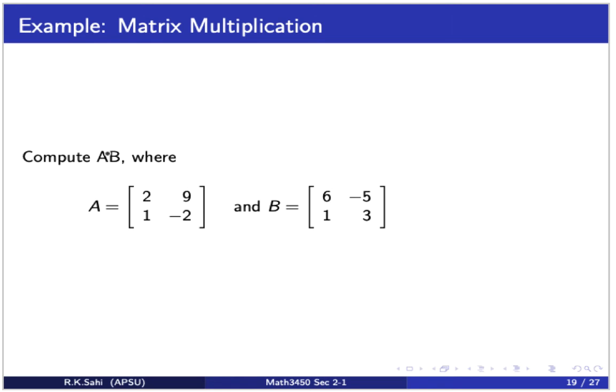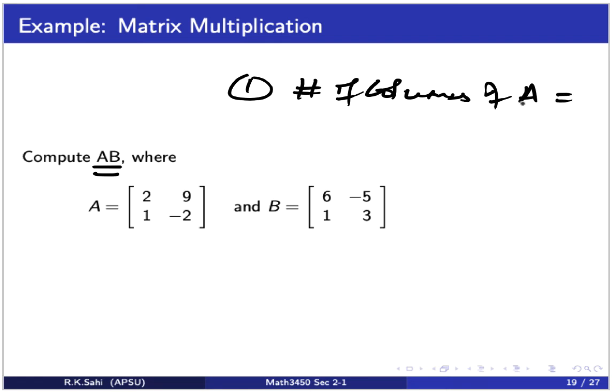Okay, so let's look at this one. I would like to find the matrix AB. In order to do that, the very first condition is: is the number of columns of A the same as the number of rows of B?